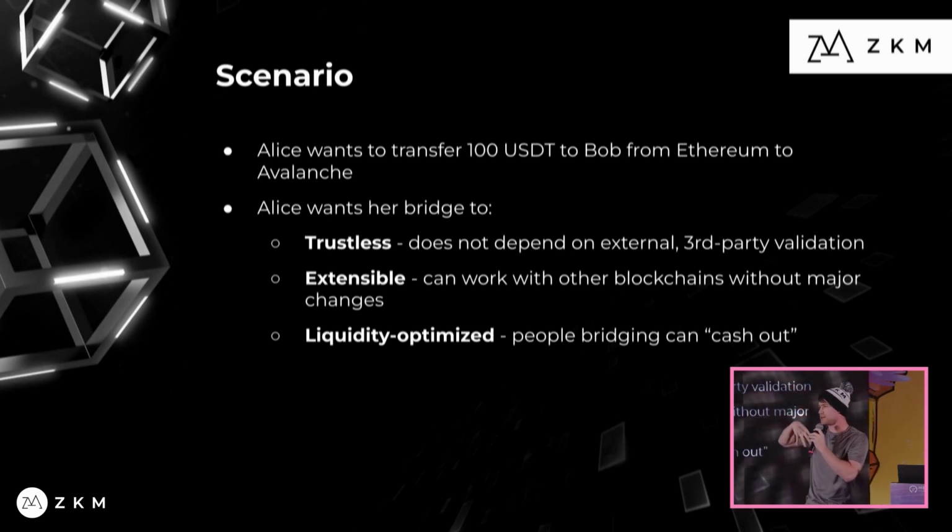She also wants it to be extendable so that it can work with other different blockchains without too many changes. And number 3, which is important and should always be considered when creating any type of bridge, is that the liquidity that is created can actually be used.